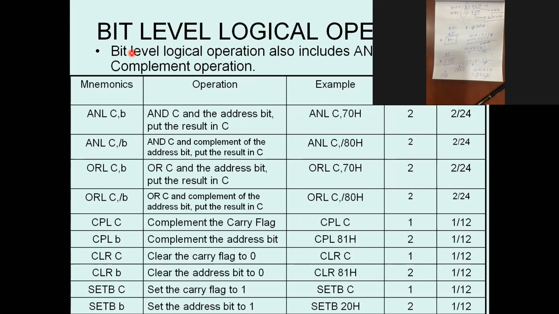CPL bit means complement the bit address. CLR C means clear the carry flag. CLR bit means clear the bit address. SETB C means after the instruction the carry flag should be 1. SETB bit means after the instruction the bit should be 1. Yesterday we used SETB PSW.3 and SETB PSW.4, these instructions. Is it clear? Yes, sir.